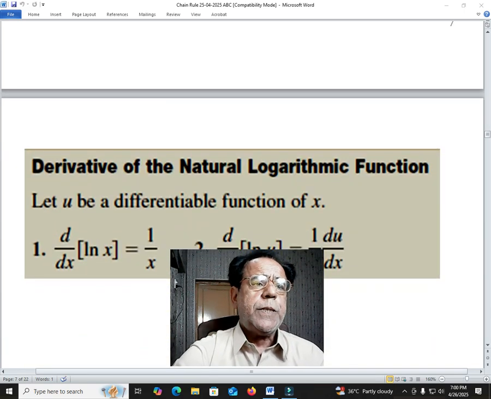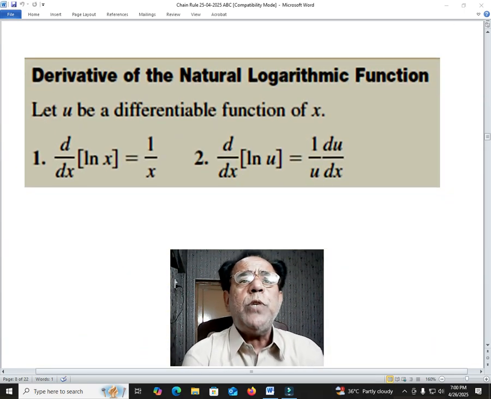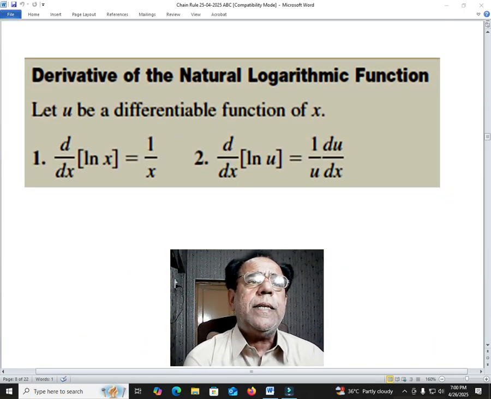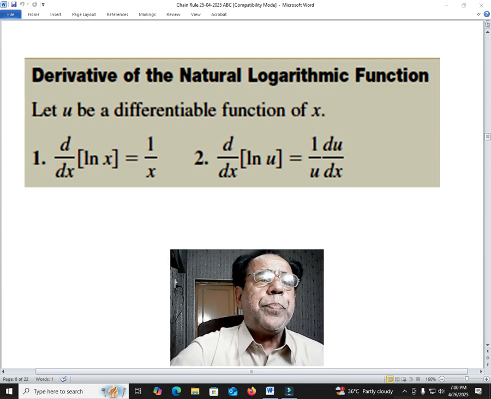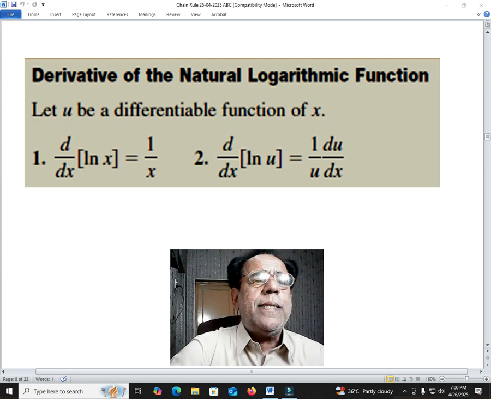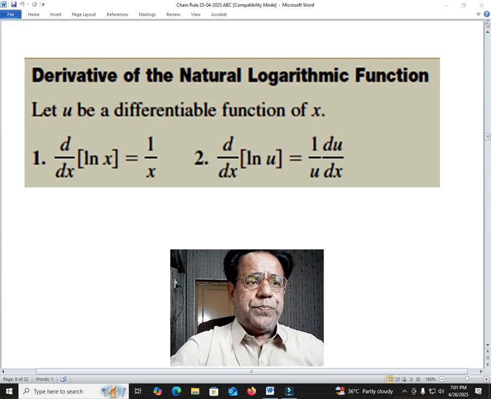Now derivative of the natural logarithmic function. Let u be a differentiable function of x, then formula number 1, d over dx log x is equal to 1 over x.